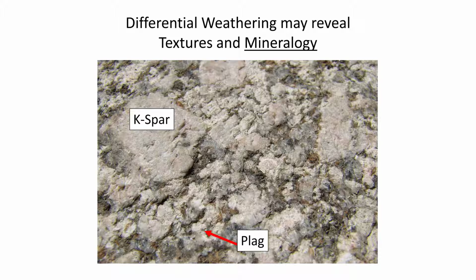And the colors are a bit different. So the potassium feldspar in this case has a little pinkish tinge to it, whereas the plagioclase is more of an off-white. And we can also see the clear, whitish, grayish quartz crystals that are present in the rock.